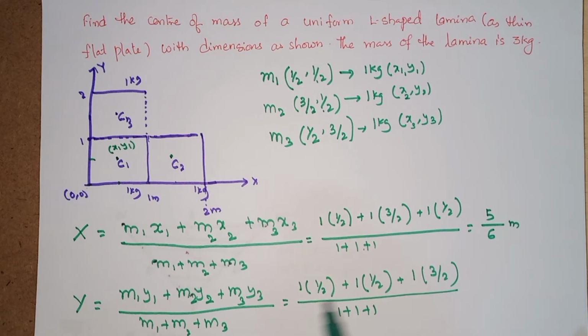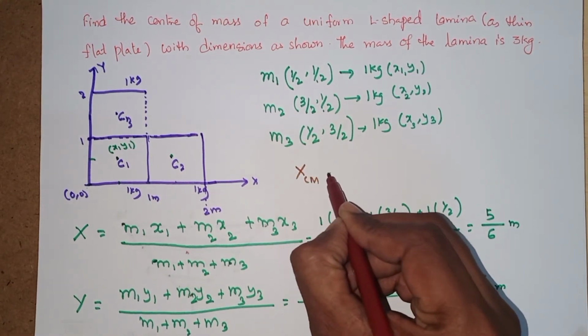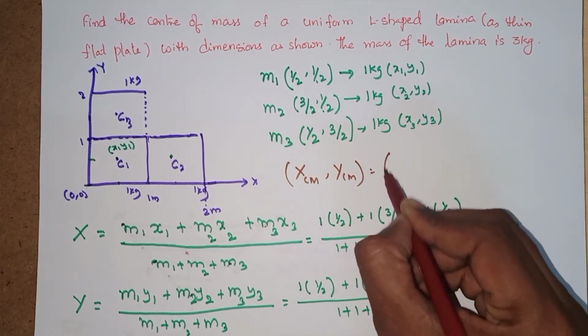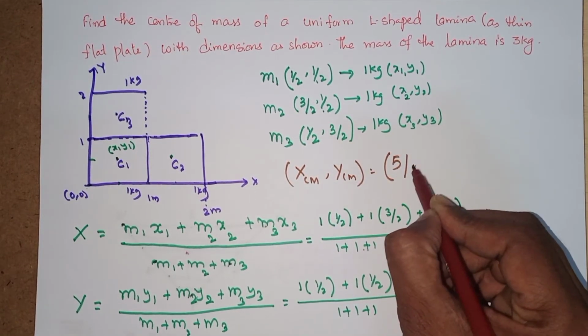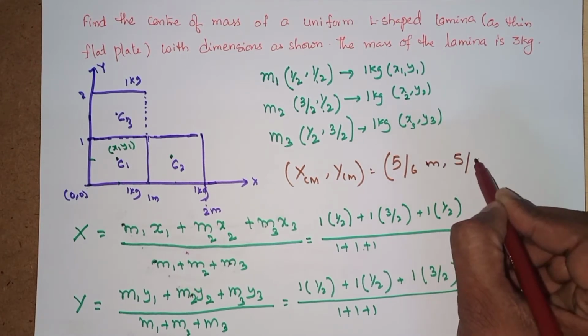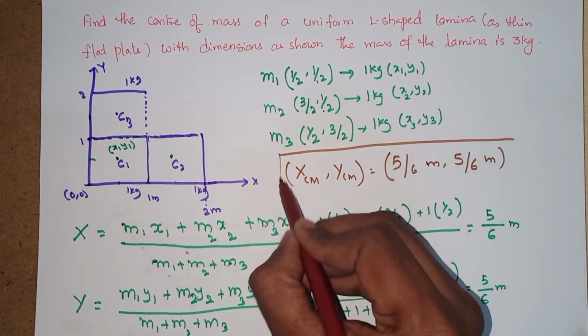So again, we will have the same 5/6 meters. So XCM comma YCM are 5/6 meter comma 5/6 meter. This is the answer location.